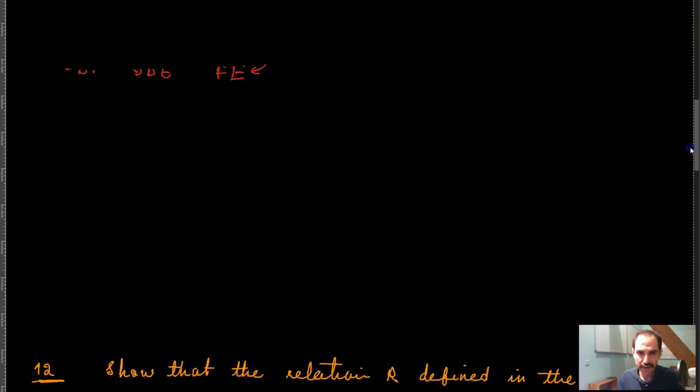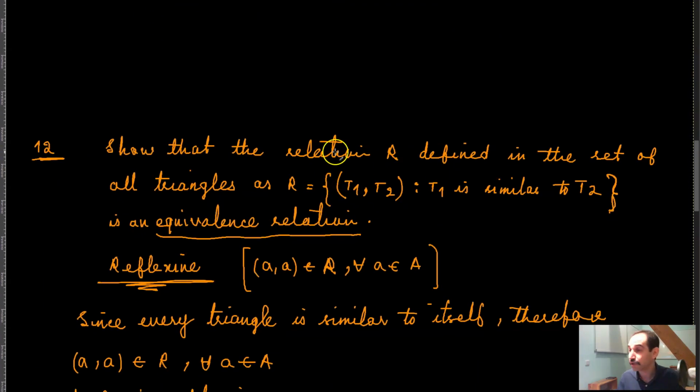They are related under this relation R. Let me check my answer over here. T1 and T3, then the triangle T1 is similar to T3, hence T1 and T3 are related. Okay.